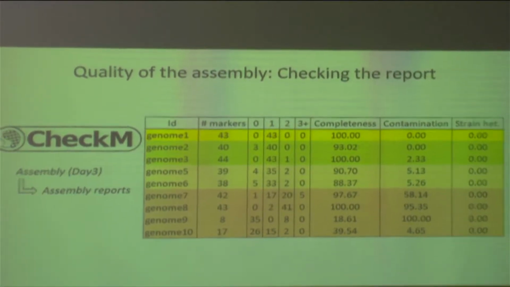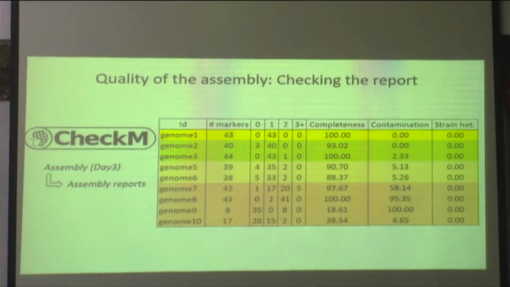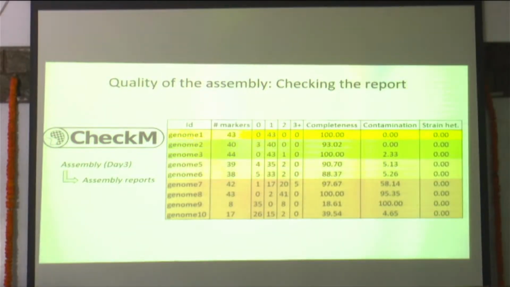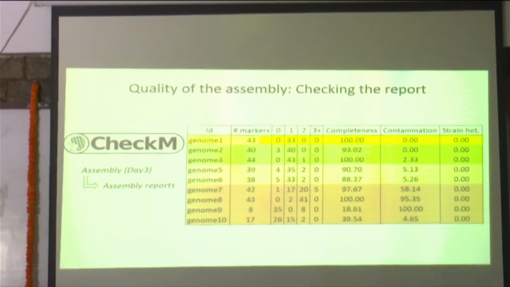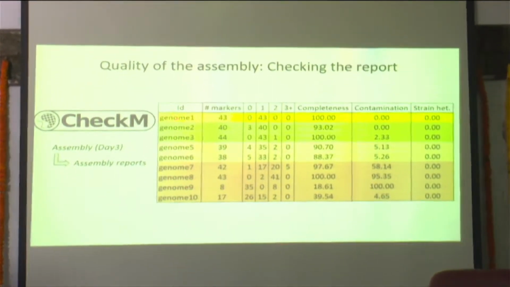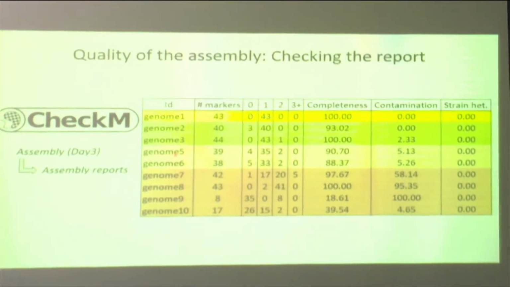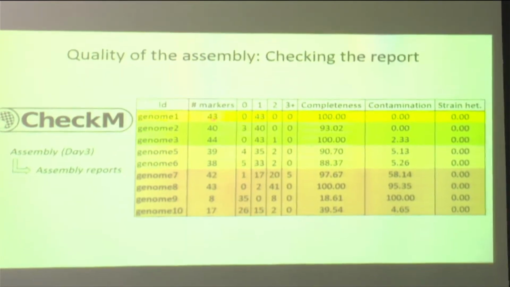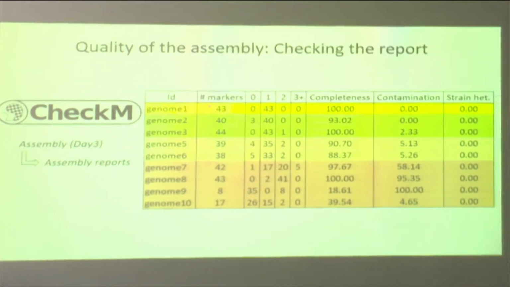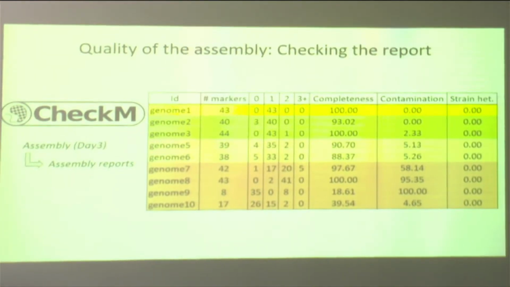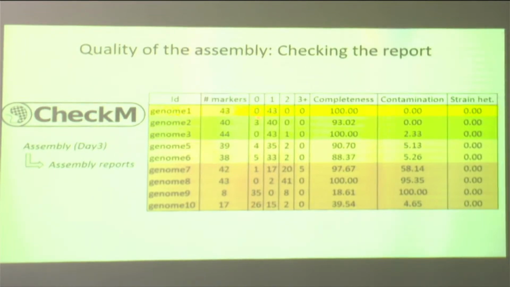CheckM is ideal for when you have multiple assemblies. So here I not only have my Mycobacterium, but I have 10 more genomes. And CheckM has 43 genes used as markers for this completeness metric. And they should be present only one time because they are single copy.